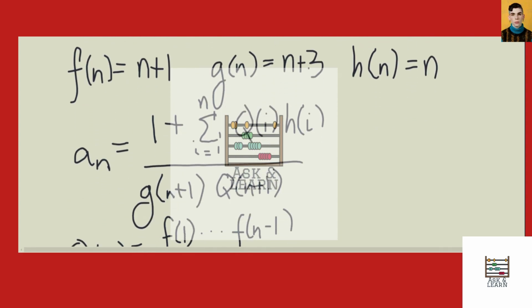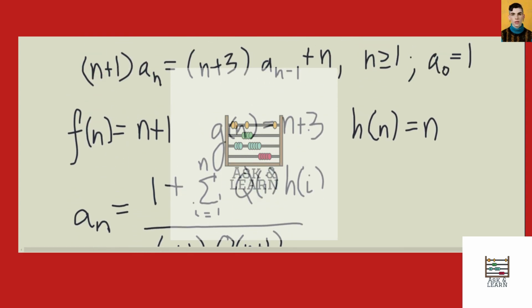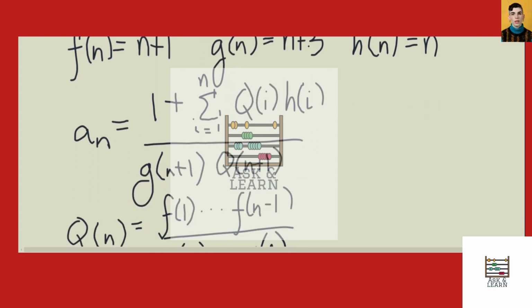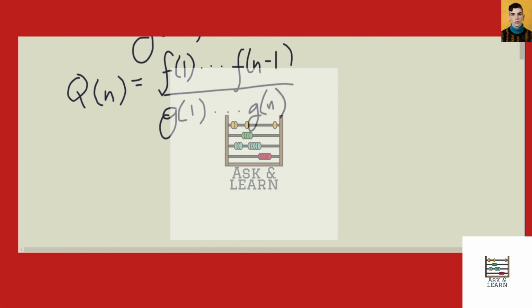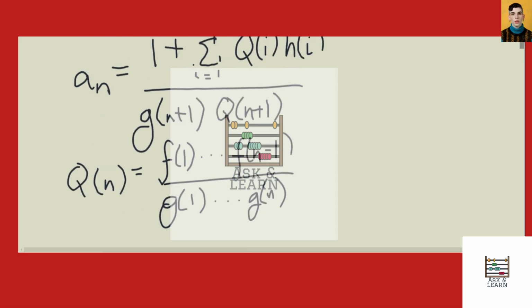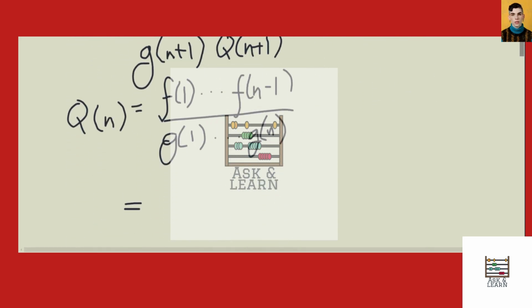So in particular, h(i) is just i, and g(n plus 1) is going to be n plus 4. We want to find what q(i) is. We have f is n plus 1, so this is n plus 1 evaluated at 1, which is 2.